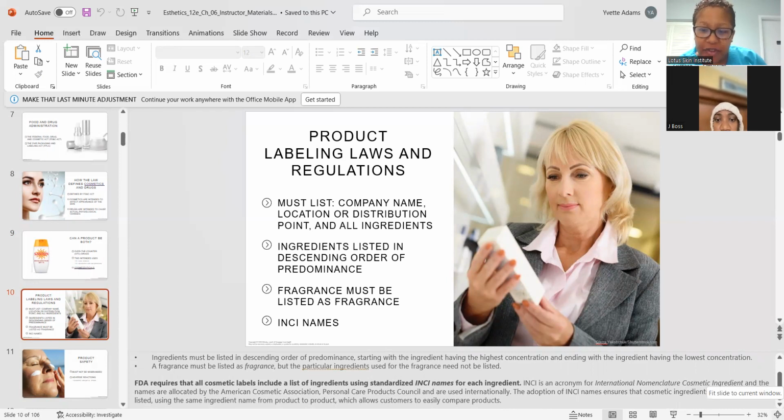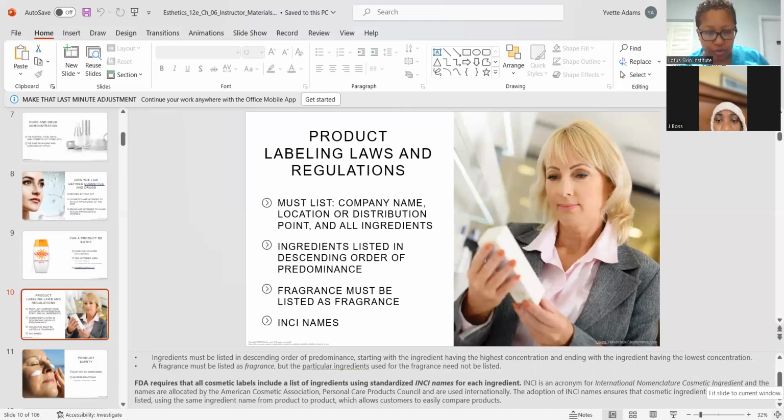INCI is an acronym for International Nomenclature Cosmetic Ingredient. International, worldwide. Nomenclature refers to the name. Cosmetic ingredient, we've already defined. So an INCI is a name that's allocated by the Personal Care Products Council, and they're used internationally.